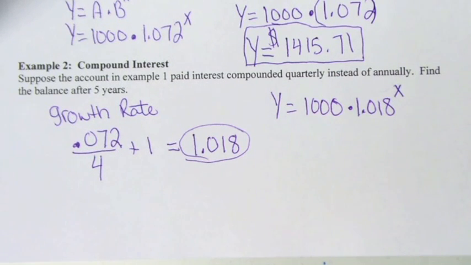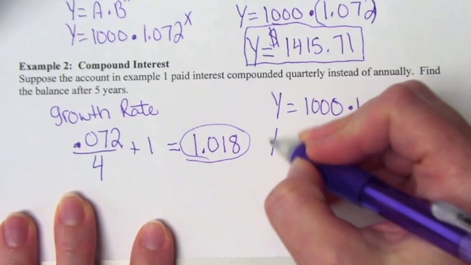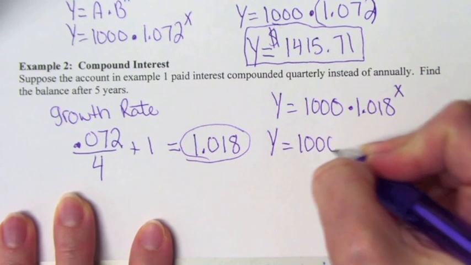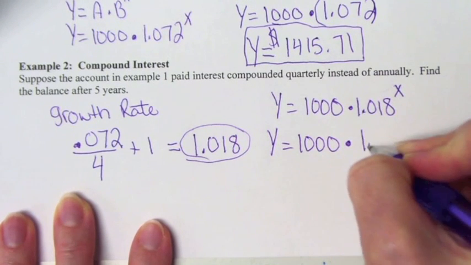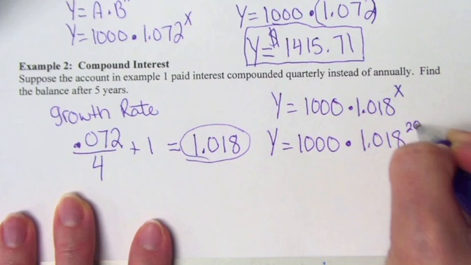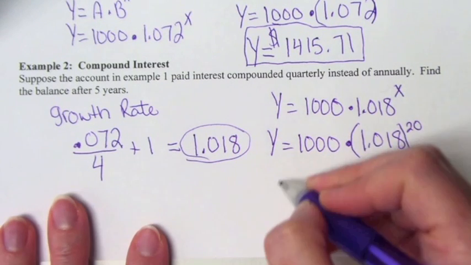How many quarters are in 1 year? 4. And if we're talking 5 years, it's going to be 20. So this x is going to be 20. In our calculators, put 1,000 times 1.018 to the 20th power. Make sure you put this in parentheses in the calculator.